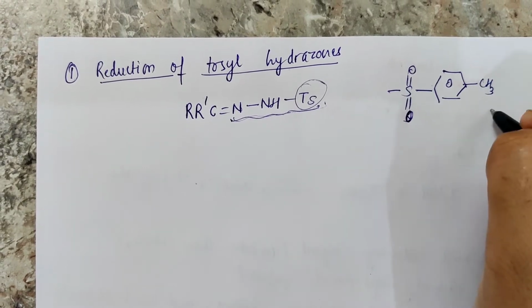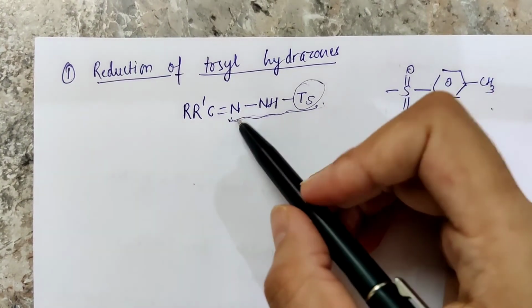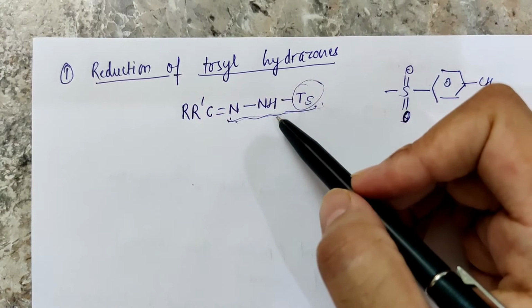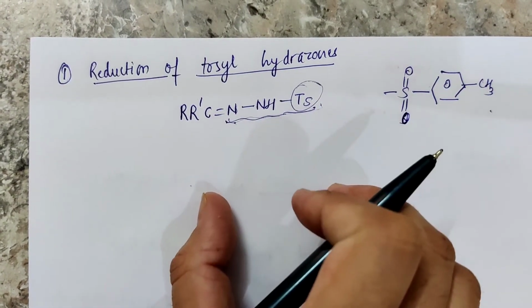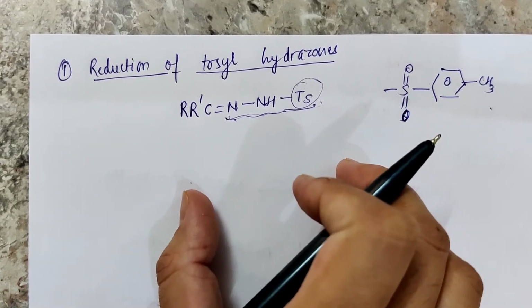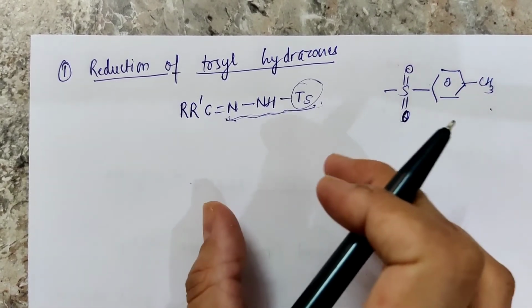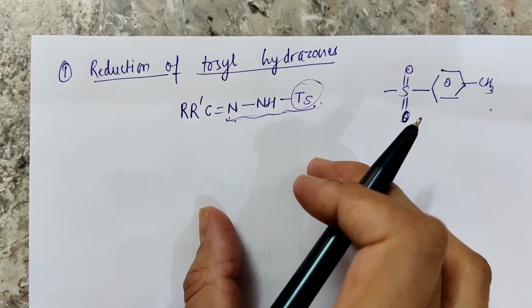This is called tosyl. NH2 is hydrazine. So a compound having this kind of group attached comes into the category of tosyl hydrazone.